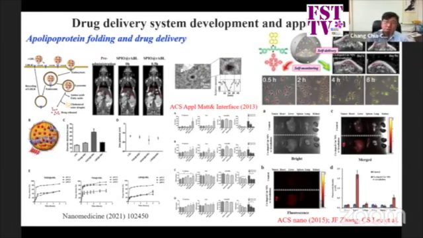During the process, we can integrate some drug or nanomaterial, such as iron oxide, which can be used as an MRI contrast reagent. If we use this to deliver some anti-cancer drug, it may enhance its efficacy or reduce its side effects.